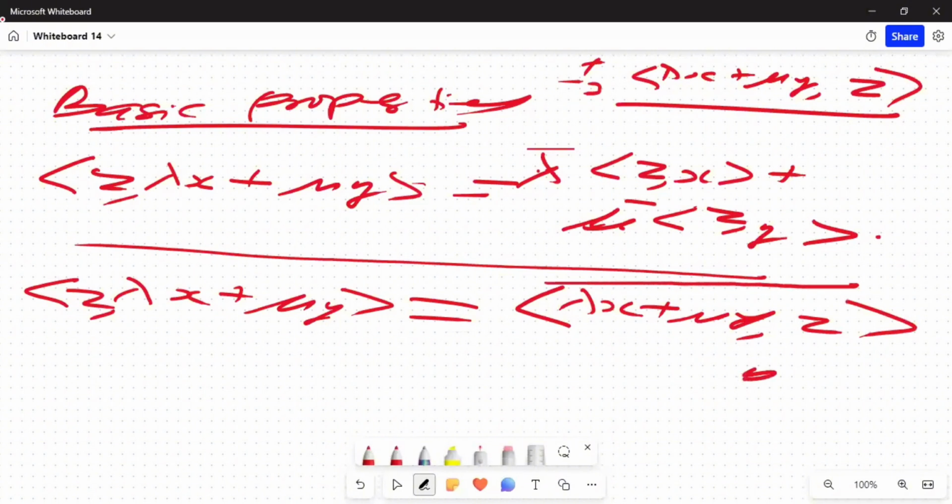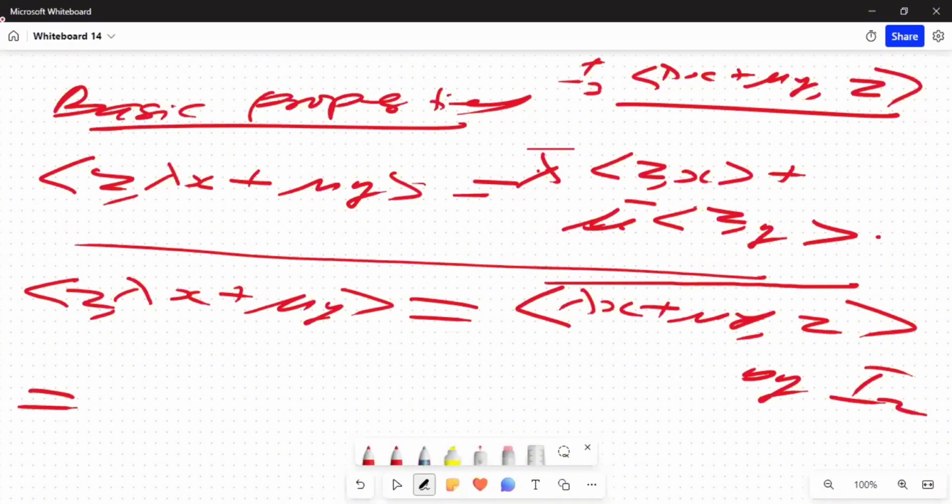You remember, this one is by I2. I2 says if you are interested in symmetry, z comma lambda x plus mu y is equal to lambda x plus mu y comma z. If you are interested in symmetry, you do the conjugate. Is it not? Yes, sir.